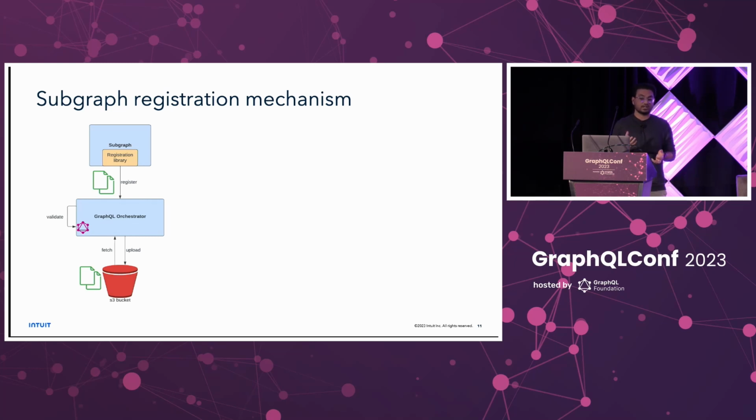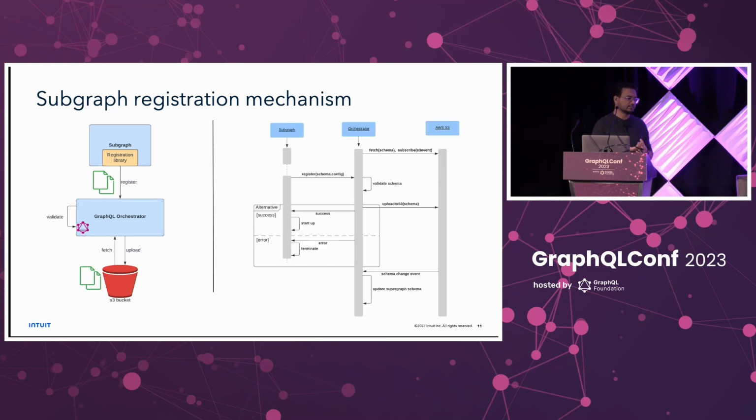The orchestrator will run the validation against the schema that is live, and then it will tell the subgraph whether your schema is valid or not. If valid, it will post it on S3, which we use for persistence. Now the orchestrator is also listening on S3, so that at any point, if from any pipeline S3 is changed, the orchestrator will automatically refresh its schema.